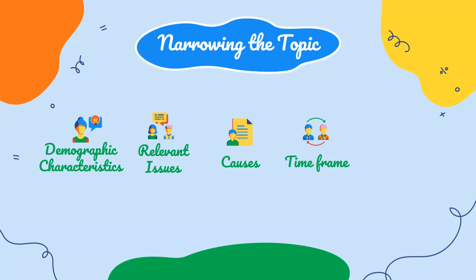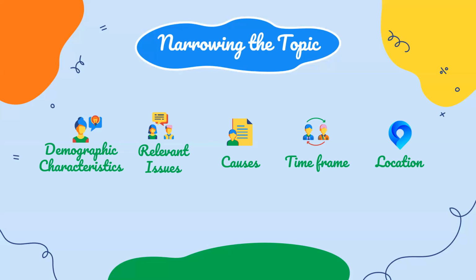The time frame is by which time I can finish that particular research, or what is the end goal of my research, how much time do I require to complete the research. And then, of course, the location is also very important, because the location will determine what kind of population or what population size I want to select.